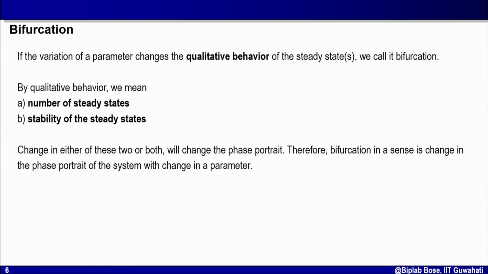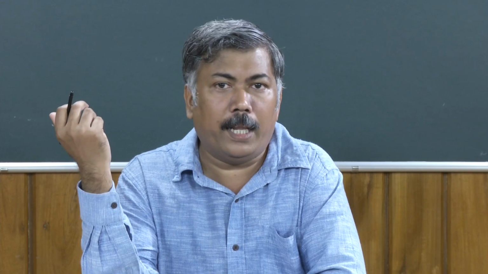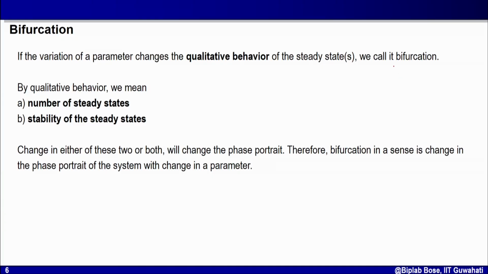So let us now define this type of behavior. This type of behavior, where the qualitative behavior of the steady states is changed or affected by a particular parameter, is called bifurcation. And by qualitative behavior, what do I mean? I mean the number of possible steady states and the stability or the phase portraits around the steady states.